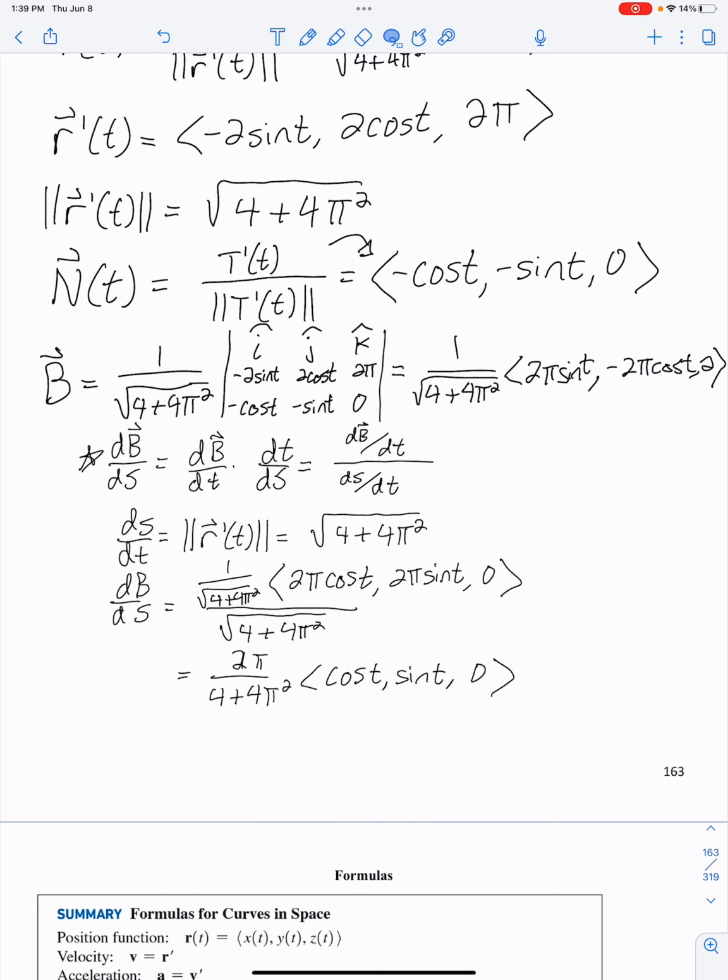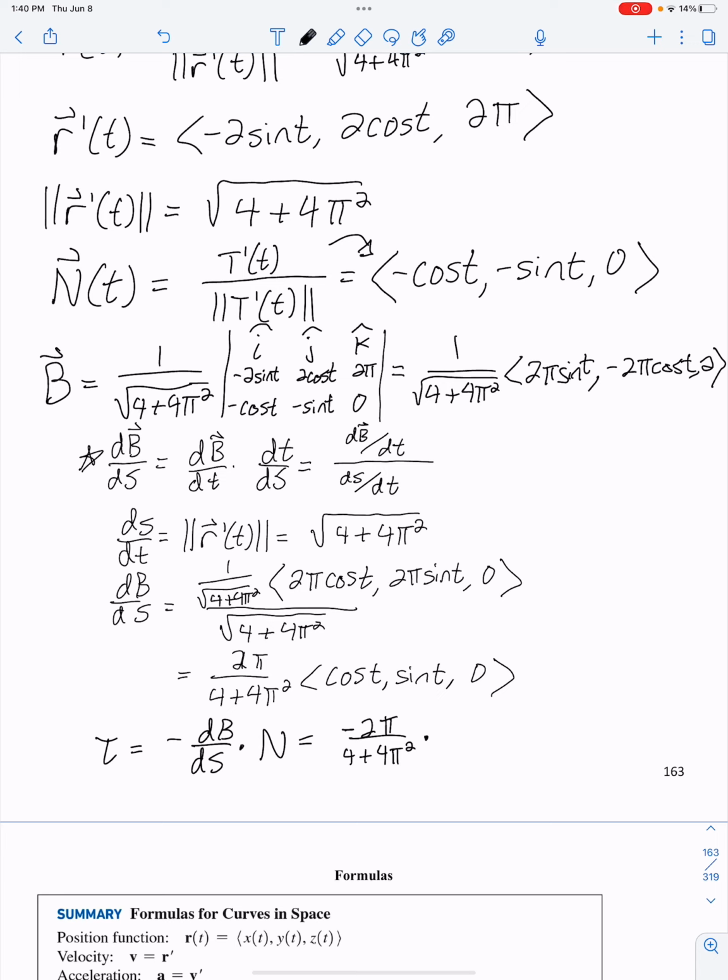Okay, is torsion is equal to negative dB ds dotted with our normal vector. So the negative of that, throw a negative 2 pi over 4 plus 4 pi squared.